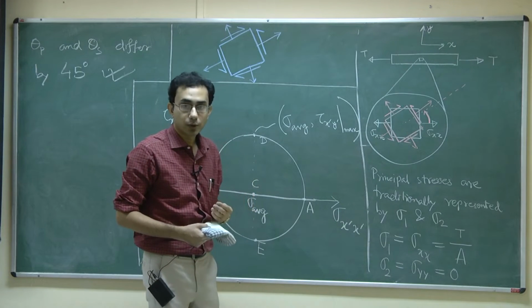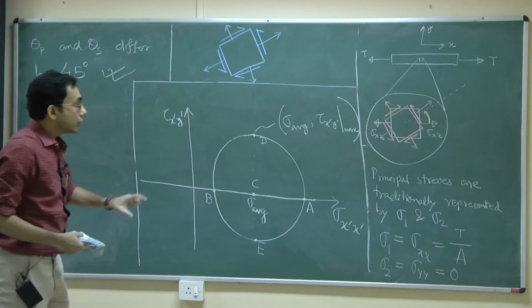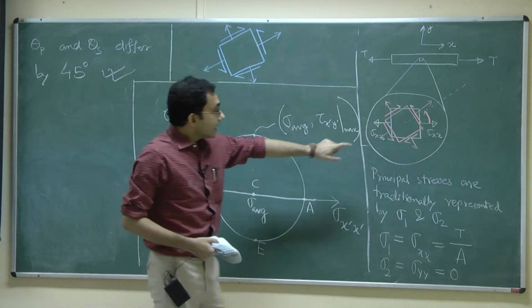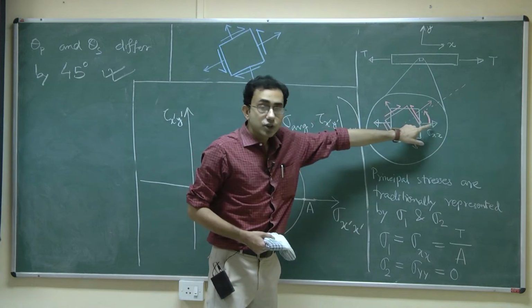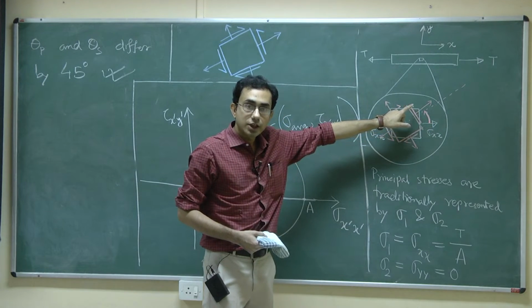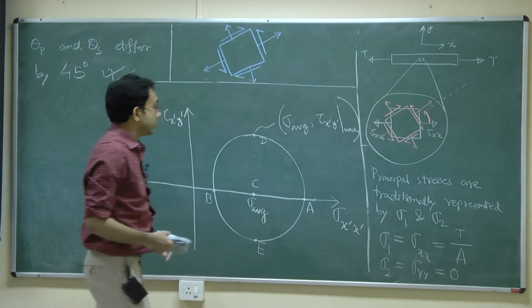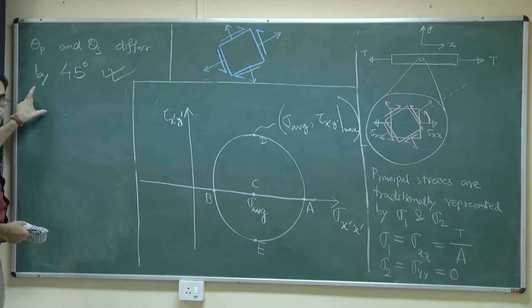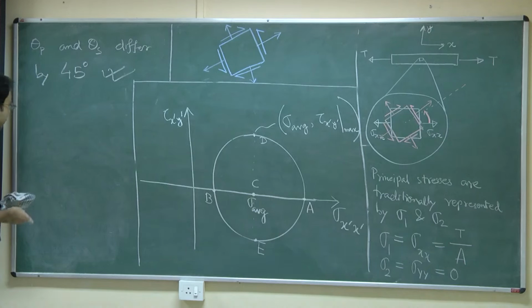Failure means it is very much possible that they lose their elasticity, that they go beyond their proportional limit, or perhaps they break altogether. Now, we have already found out that at an angle 45 degrees from this horizontal axis, we have the maximum possible value of the shear. If that is so, then this particular bar is very, very prone to failure.